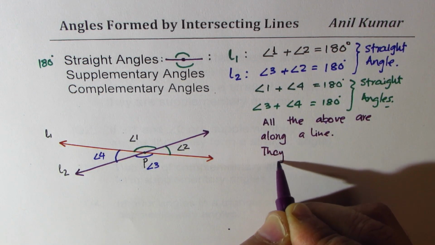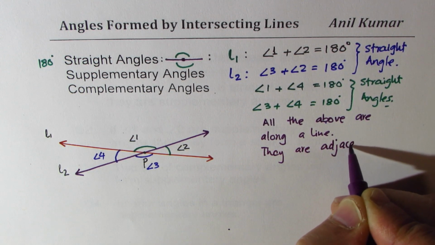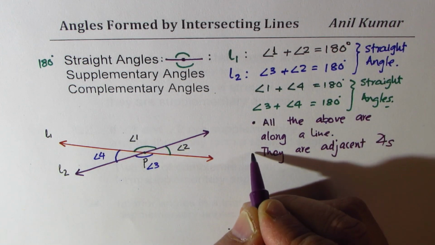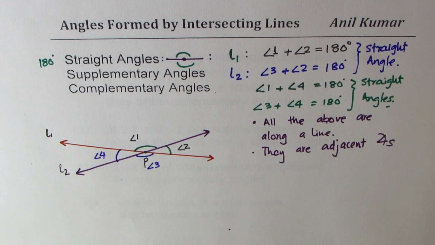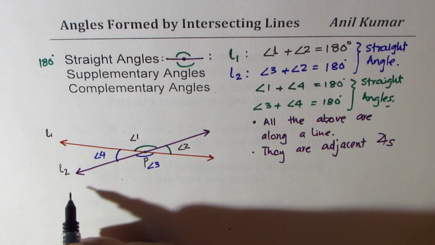They are adjacent angles. So these two important criteria are also there for straight angles. Does that make sense to you? Correct? Okay. Now let's talk about what are supplementary angles and what are complementary angles.